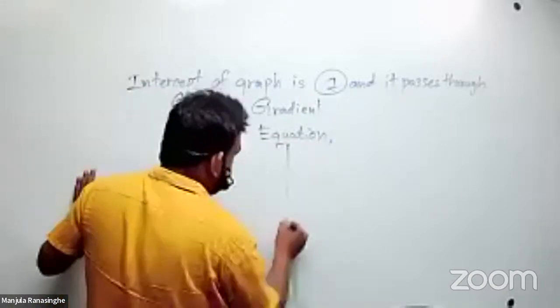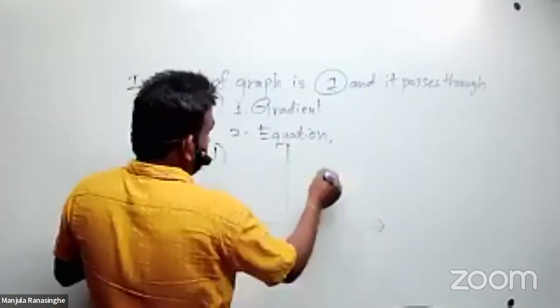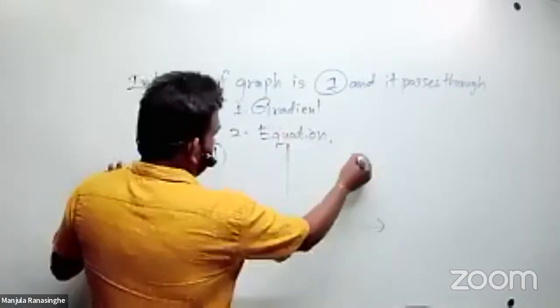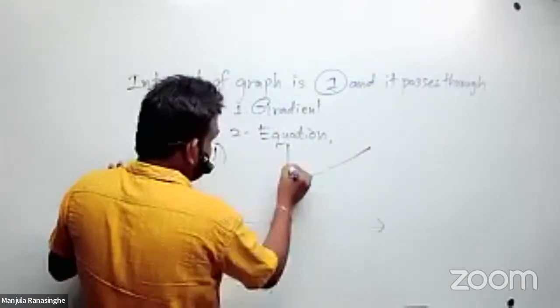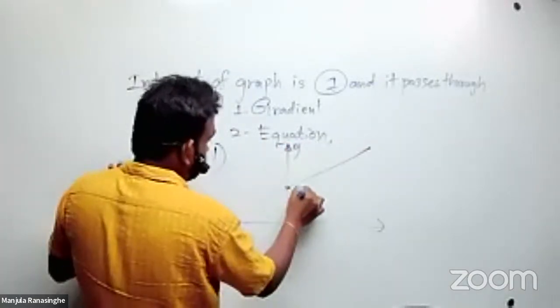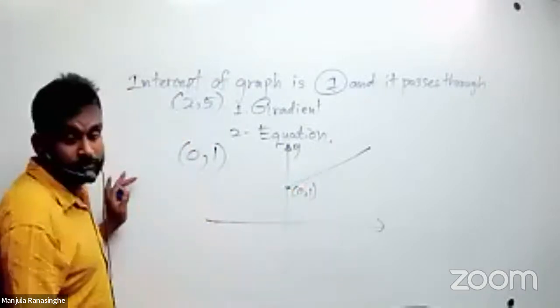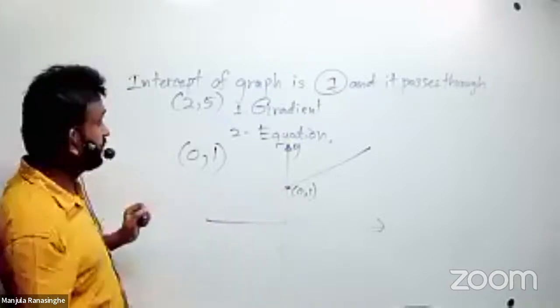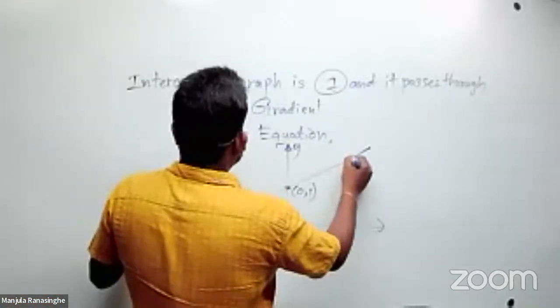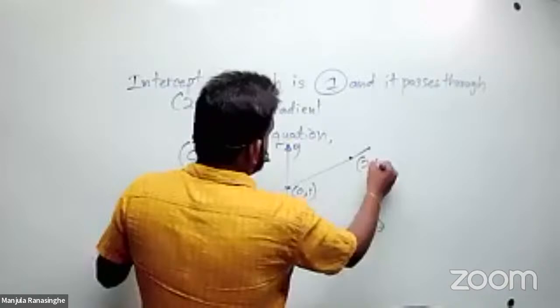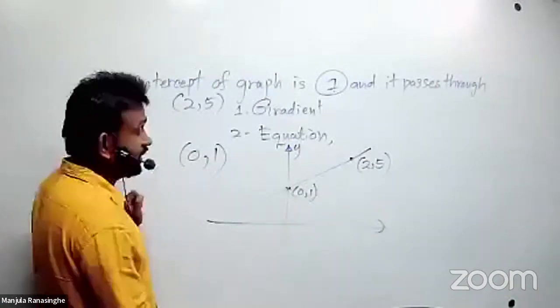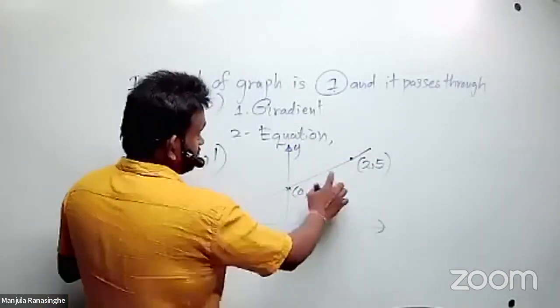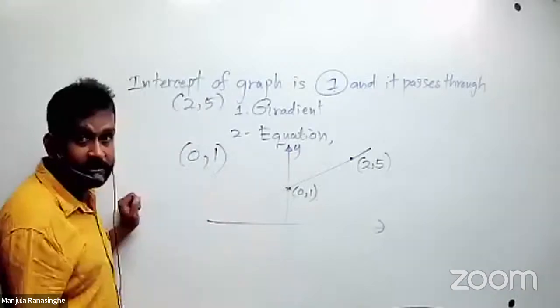Now we know that if I draw a sketch that passes the intercept 1, it means it cuts the y-axis at 1, but its x coordinate is 0. So I can convert it to a coordinate 0, 1. Next, we have been given another coordinate 2, 5. So we have two coordinates, and with two coordinates we can find the gradient.